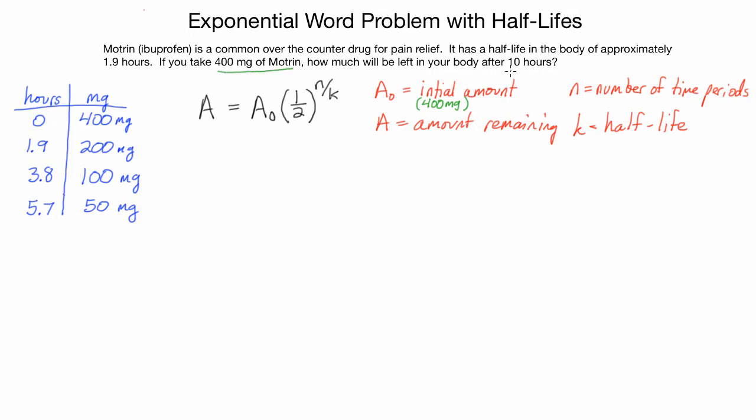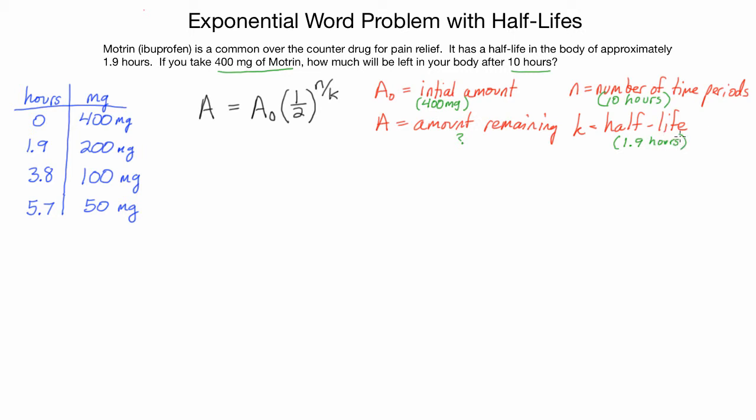We know the number of time periods is going to be 10 hours. We don't know the amount remaining, that's what we're going to try and find, but we do know the half-life is 1.9 hours. Every 1.9 hours we lose half of that Motrin. I've got to use my units here, 1.9 hours.